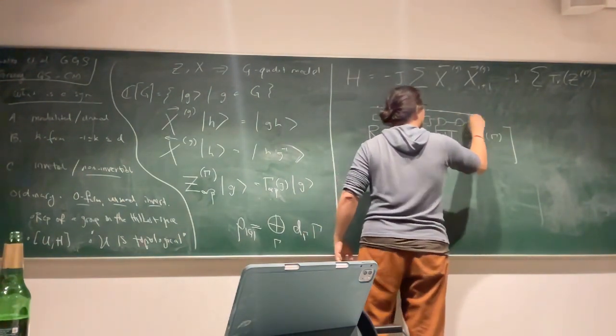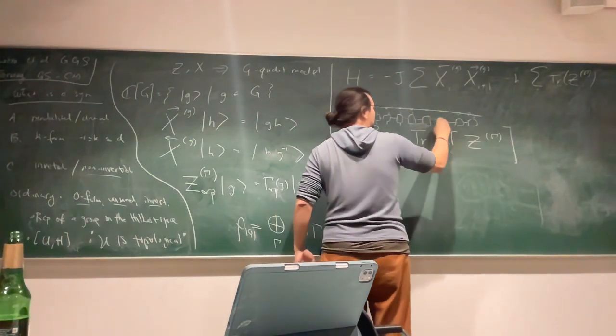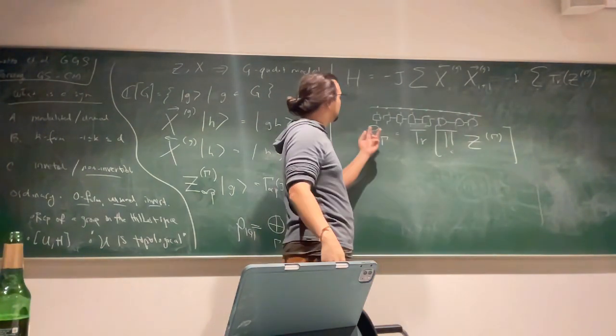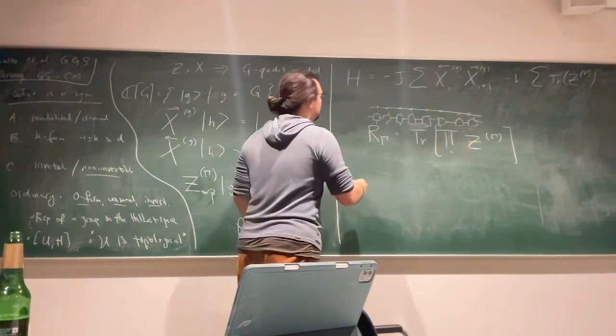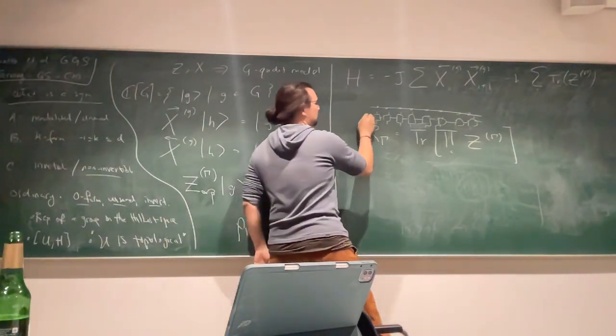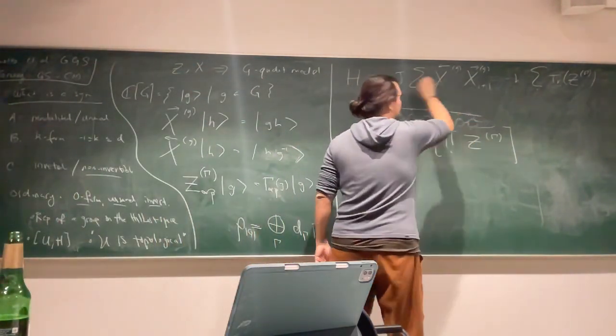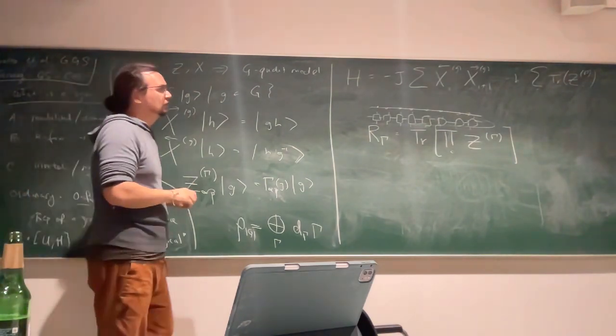These are matrix product operators, so they have some physical legs acting on the Hilbert space, and these horizontal legs are like virtual legs corresponding to these indices alpha and beta. And then I'm going to trace these together around the chain, so I go all the way around the chain and then trace this together.